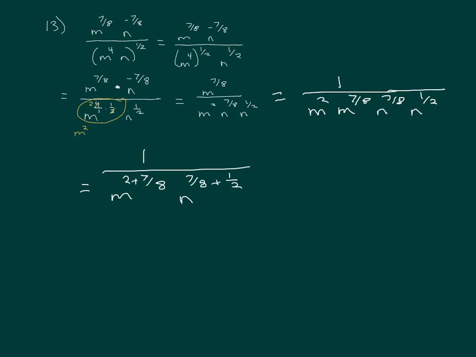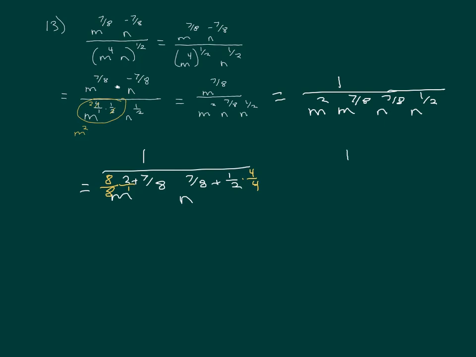So for my m, I want to make this 2 over 1 plus 7/8, and I need an 8 in my denominator, so I'm going to multiply by 8 over 8. And on the right, the n, I need to have my 1/2 have an 8 denominator, so I'm going to multiply by 4 over 4.